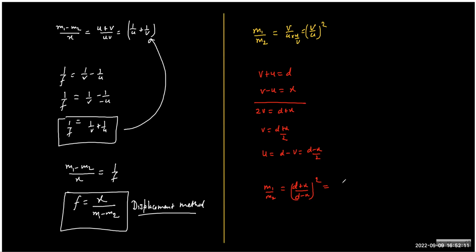Then you can write this as A plus B whole square is A minus B whole square plus 4AB.